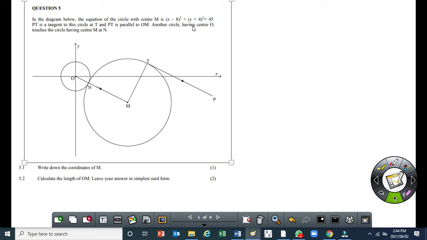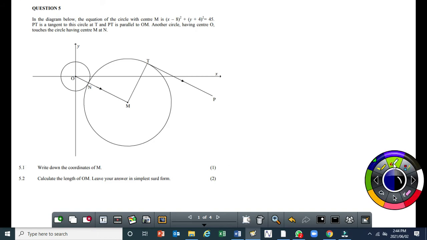Right. So if your equation is given as that, remember the general equation of a circle is (x − a)² + (y − b)² = r².